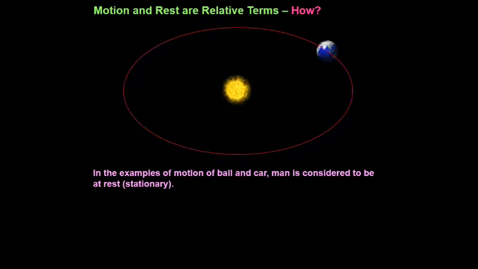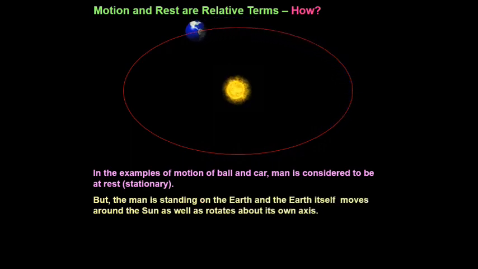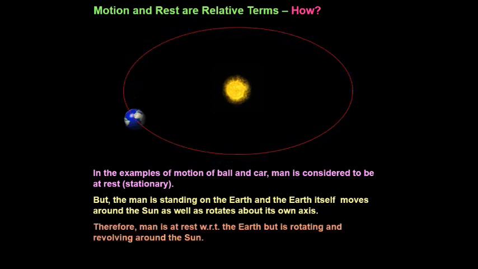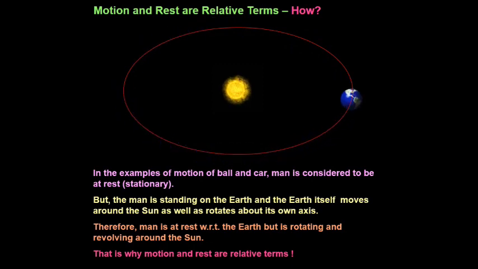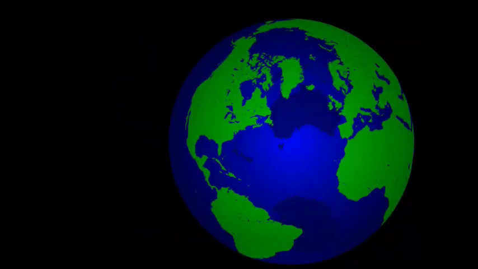In the example of the ball, car, and man, the man is considered to be at rest, but the man is standing on the earth, and the earth itself moves around the sun as well as rotates about its own axis. So they are not stationary in that purview. Therefore, the man is at rest with respect to the earth, but is rotating and revolving around the sun. That is why motion and rest are relative terms.